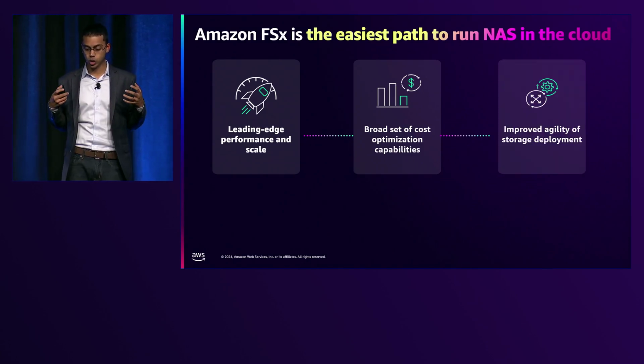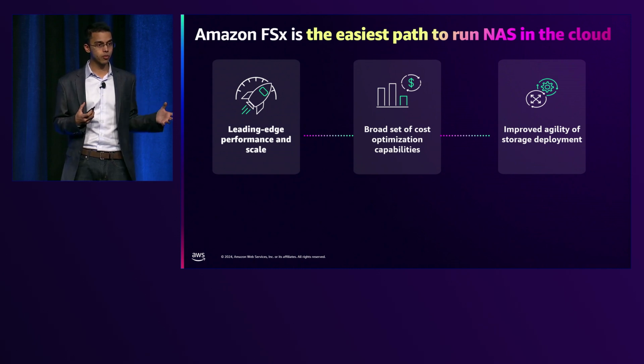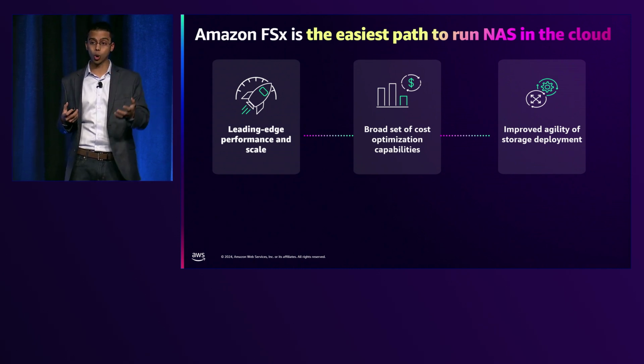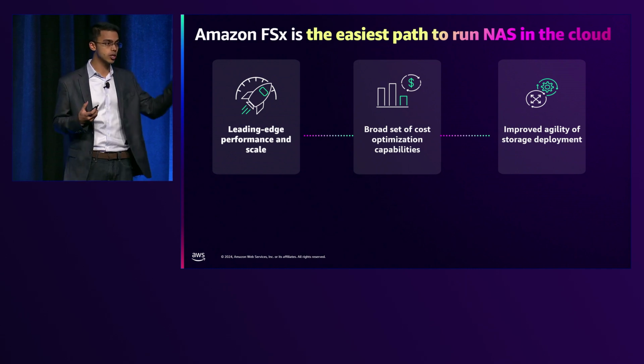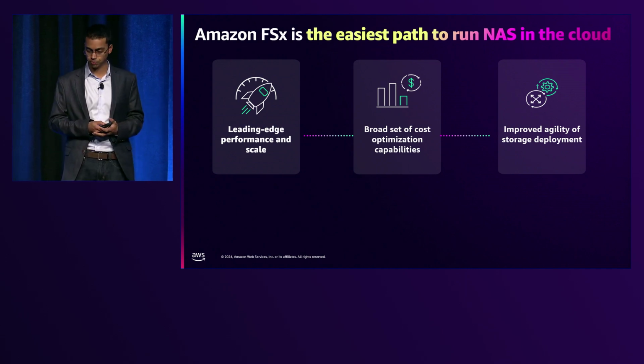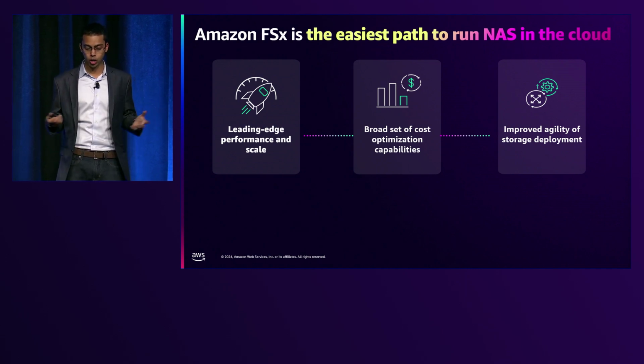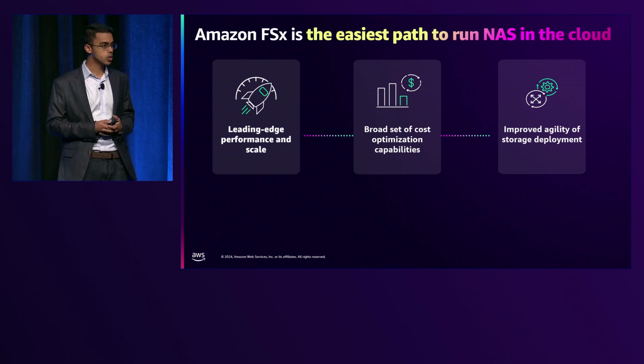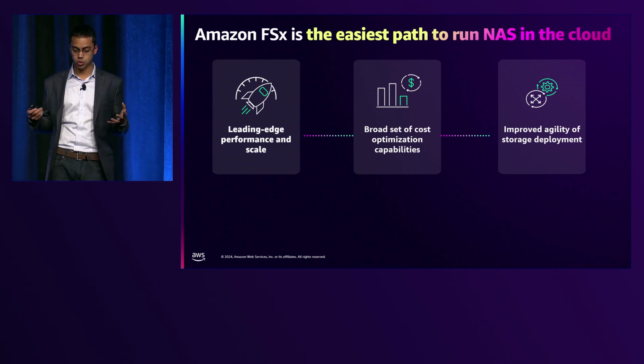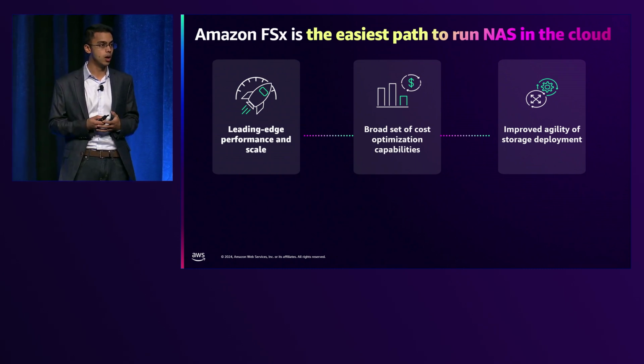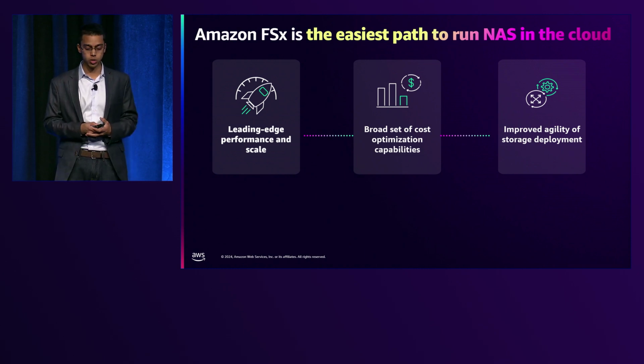And we talked about agility, helping customers simplify and automate their storage deployments and helping customers do more with their storage by connecting with native service integrations. So all in all, these capabilities we've heard from customers, and we continue to invest in them because we see they're providing customers the easiest path to run NAS in the cloud.